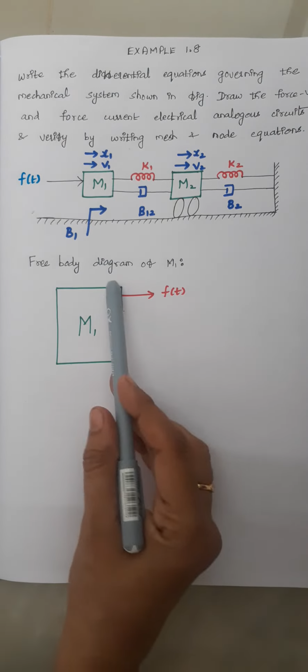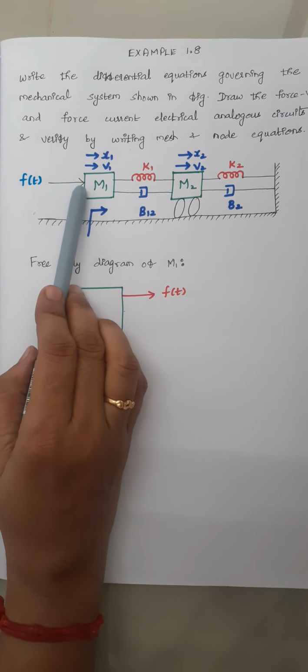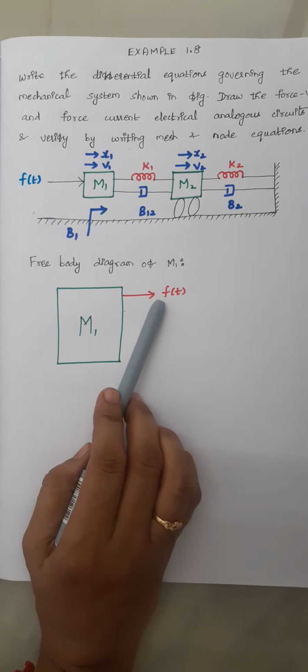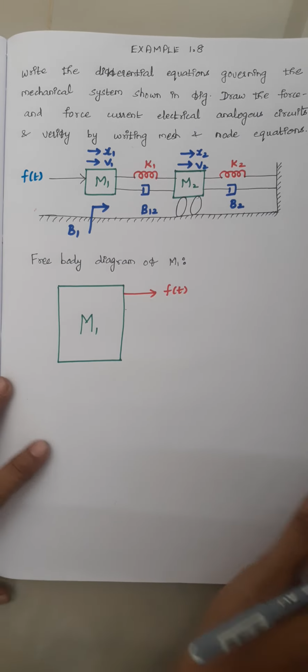While drawing the free body diagram of mass M1, we have a directly applied force F of t, which I have drawn here. Now we are going to draw the opposing forces.